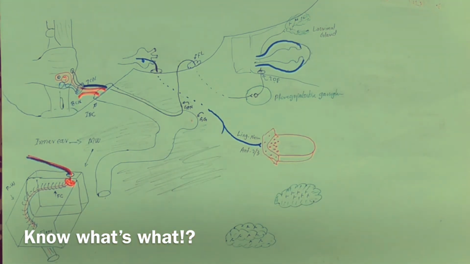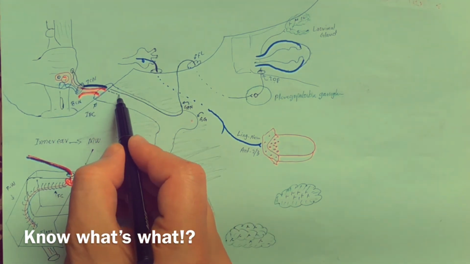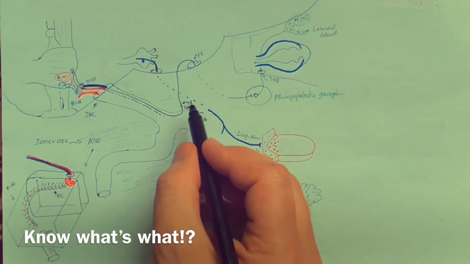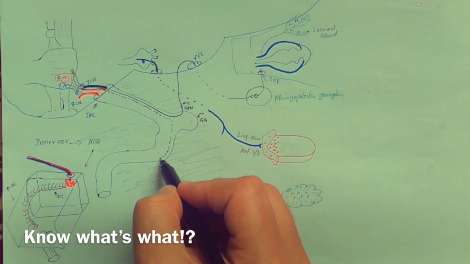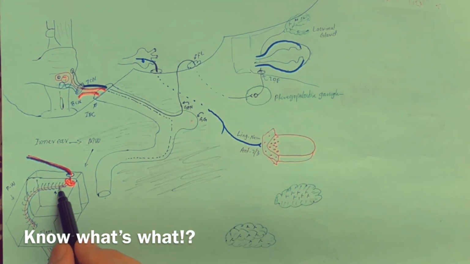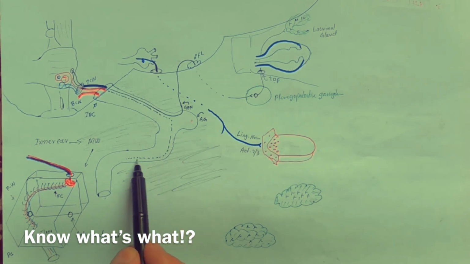Now we look at another set of fibers, and these are the salivary fibers. It will go along the facial nerve through the facial canal, and when it reaches the posterior wall of the middle ear, it will leave the posterior wall and jump to the anterior wall. So here are the posterior and anterior canaliculus.